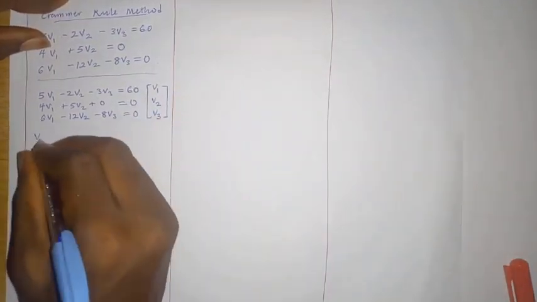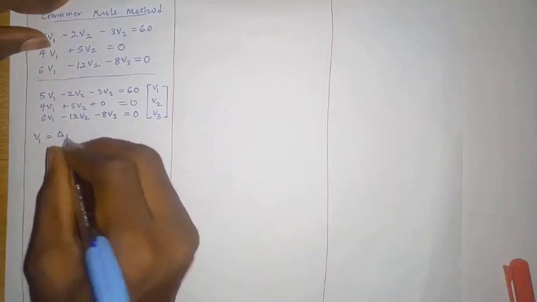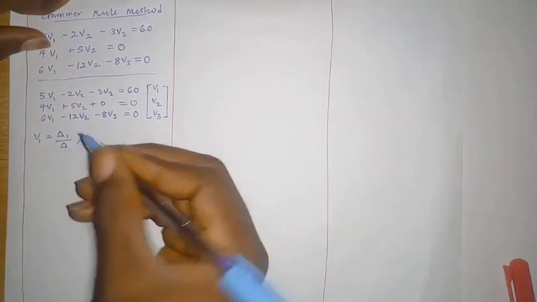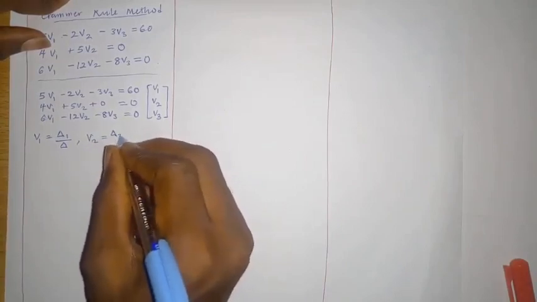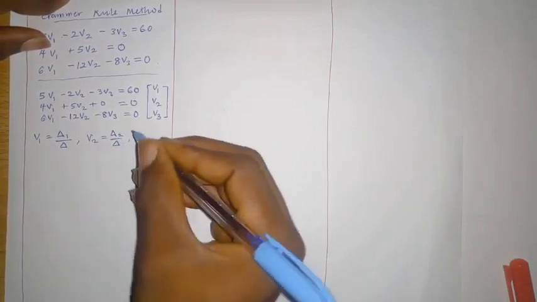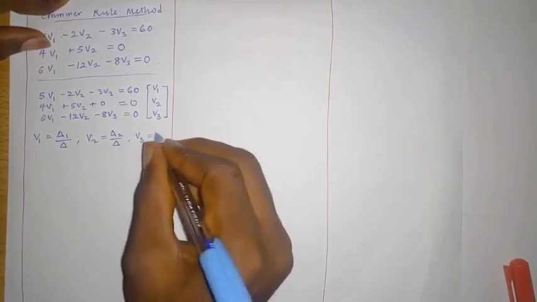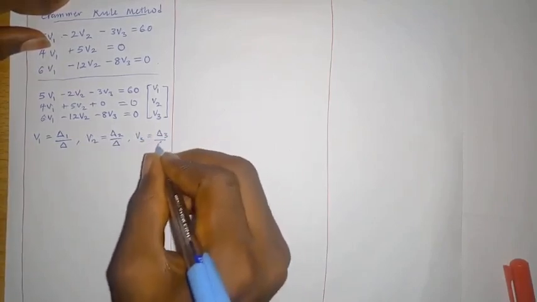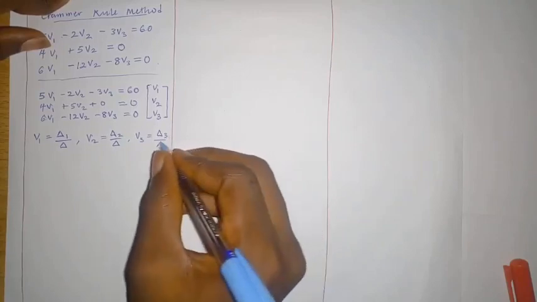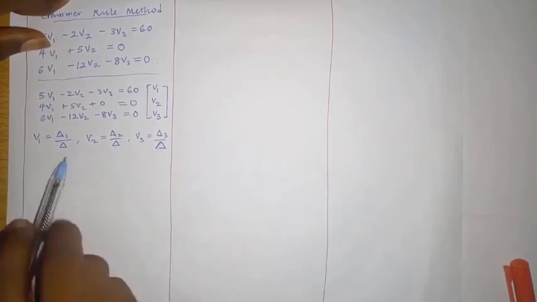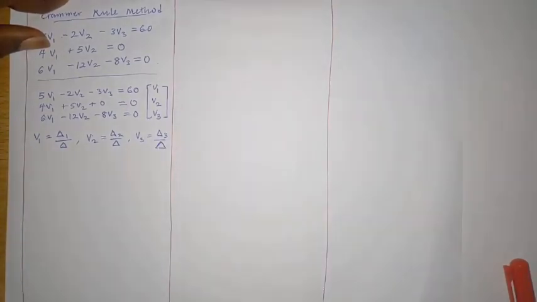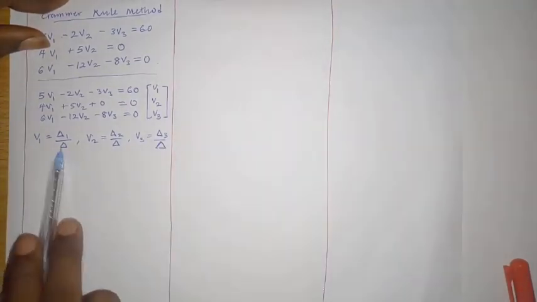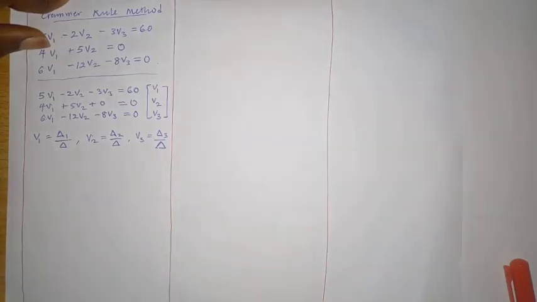We have something like this: v1 equal to determinant 1 over determinant, v2 equal to determinant 2 over determinant, v3 equal to determinant 3 over determinant. So these are the formulas we are going to use. But listen, before we can get the determinant, let's try something. So we have to get the determinant first.